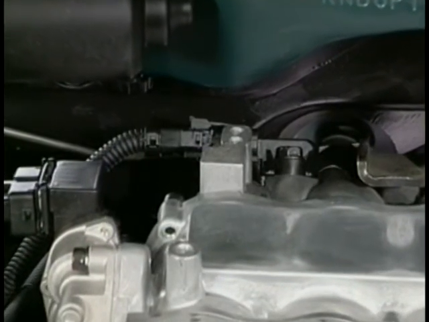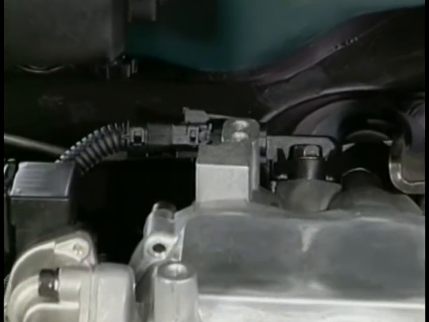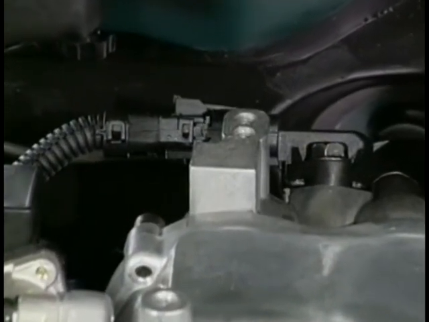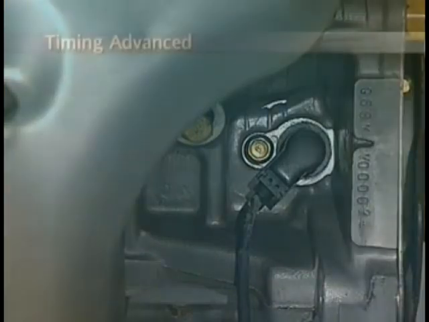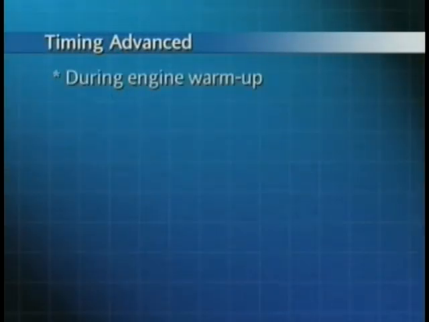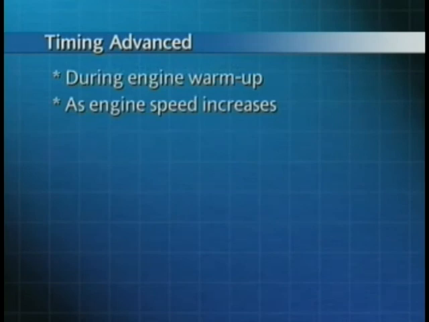On computer-controlled systems, both distributor and distributor-less systems, timing advance is calculated by the computer based on the inputs from the different engine sensors. In general terms, timing is advanced during engine warm-up, as engine speed increases, and during increases in engine load.